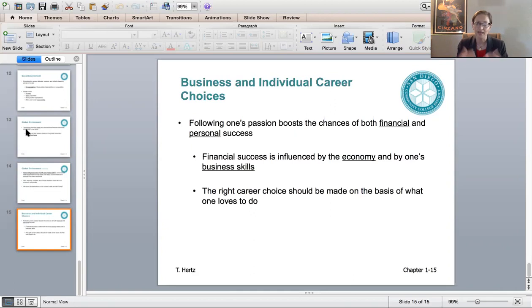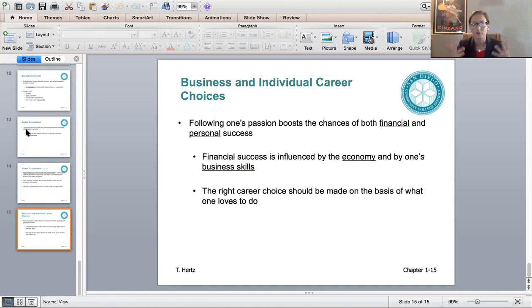It's important that you gain as many business skills as you can, if you do want to be successful. Businesses are looking for hard technical skills that you'll learn here in your classes at Miramar College. But we're also looking for those soft skills, like I said before, things like communication skills, teamwork skills, problem-solving skills, the ability to think rationally and to think outside of the box.